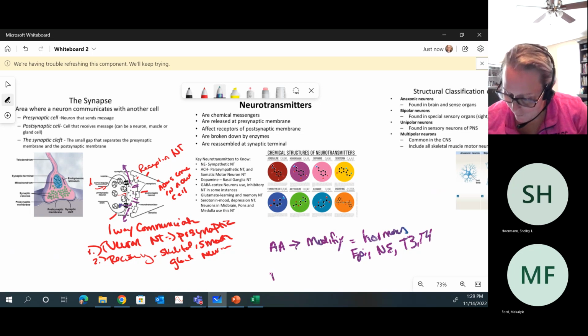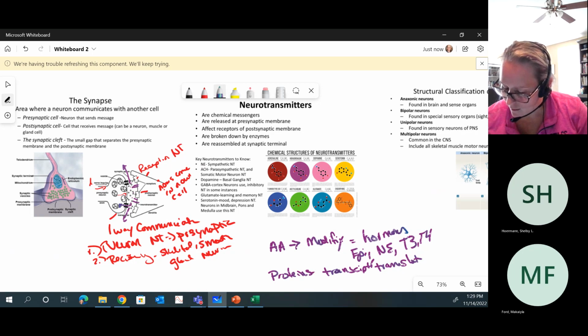And then we learned that we make proteins through transcription and then translation at the ribosome, and we can make hormones that way. And then we learned that some of our hormones come from cholesterol, all right? And they were our steroid hormones.